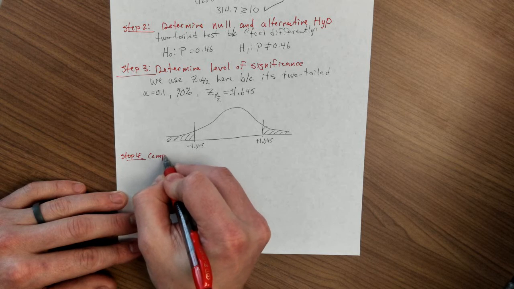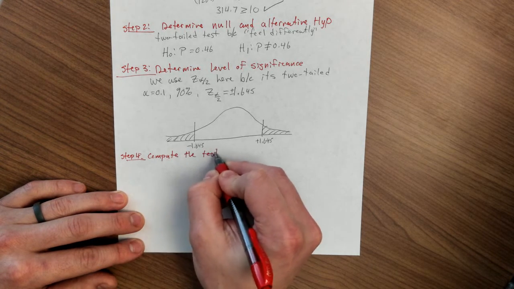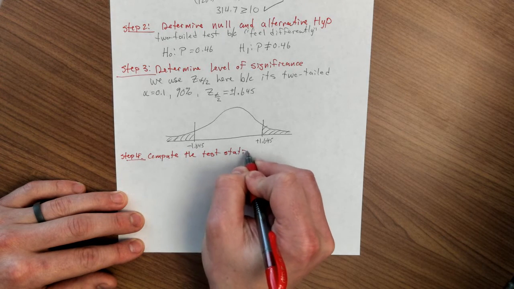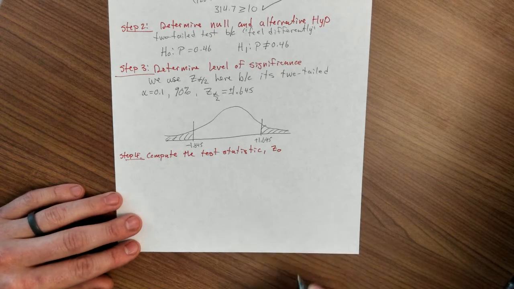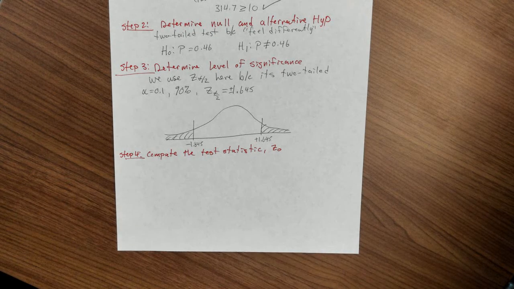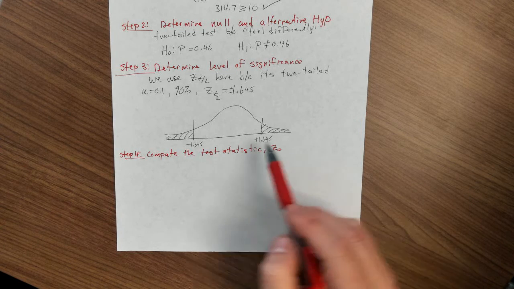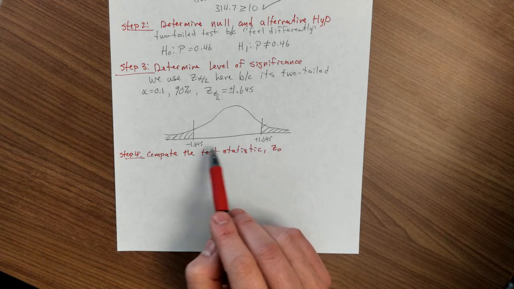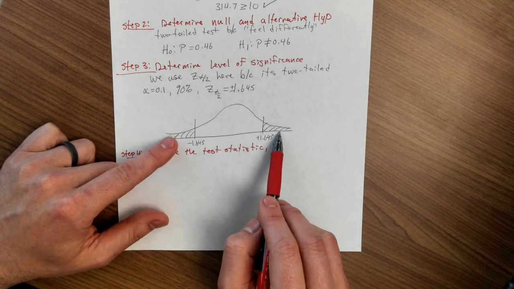So step 4, compute the test statistic, and it's labeled as z naught here. So instead of having z or whatever we've been used to, here when we have a test statistic, we're naming it z naught, so that way we can see where it lies on our graph. And when we calculate it, if it lies in our critical regions, that means we reject the null.